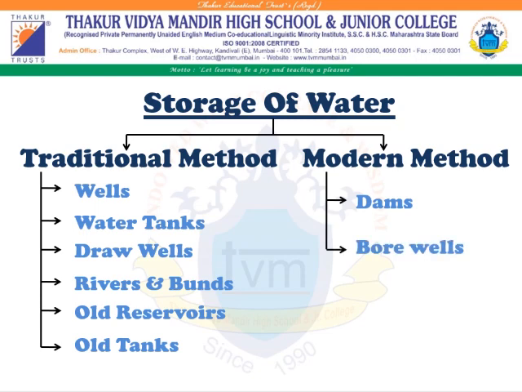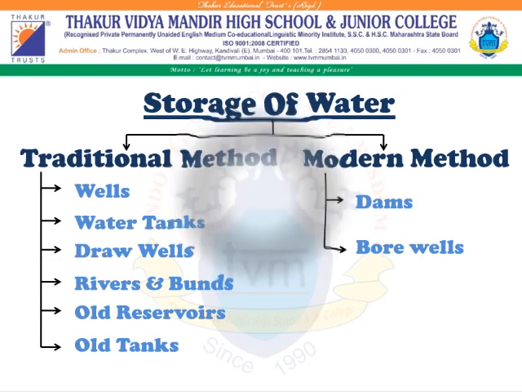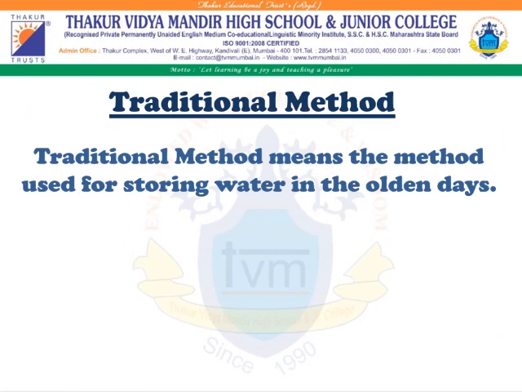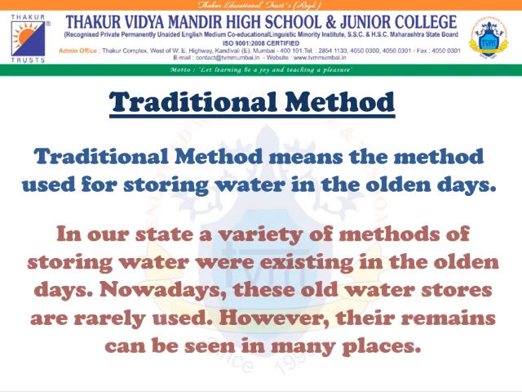Now we will learn more about the various traditional methods. Traditional method means the method used for storing water in the olden days, that is, ancient times. In our state, a variety of methods of storing water existed in the olden days.